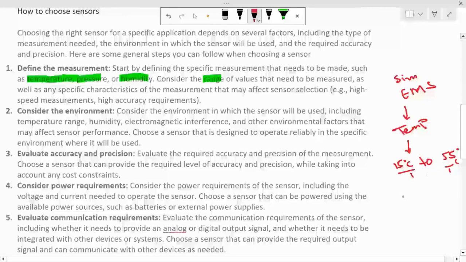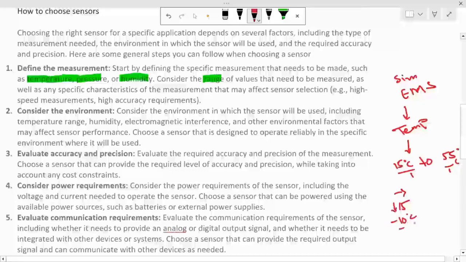But if you are making the same sort of system for some other place, like let's say the South Pole, where we have researchers, and the researchers want you to make an environment monitoring system so that they can monitor the environment, here the temperature will definitely go below 15 degrees. Here the temperature can even go down to minus 10 degrees.